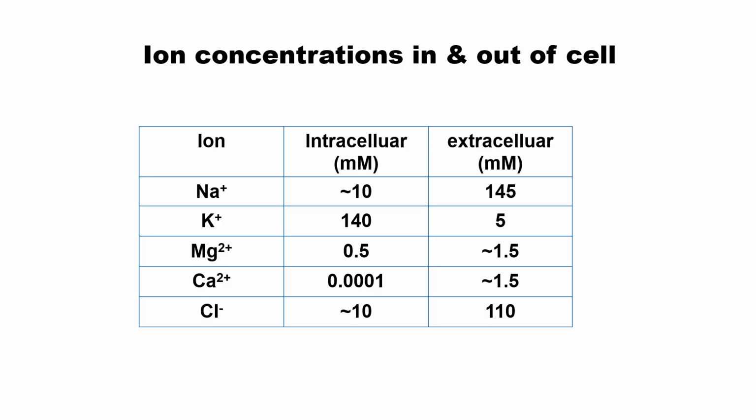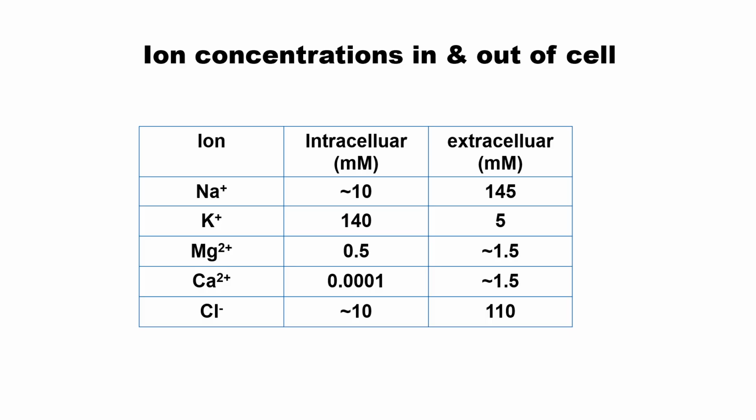In the magnesium case, the difference is relatively small. Outside is a little higher, but inside is also high, and these magnesiums usually make a complex with the DNAs. In comparison, calcium is dramatically different. Outside of the cell, the calcium concentration reaches almost up to millimolar, but inside the cell, it is less than 1 micromolar.